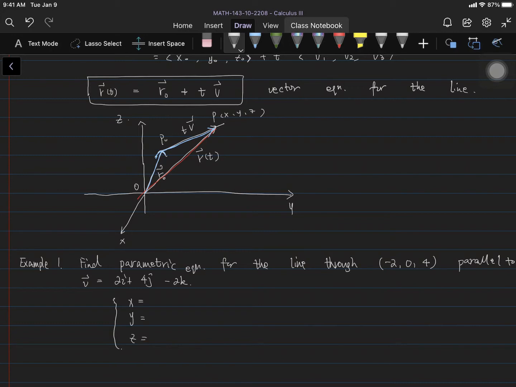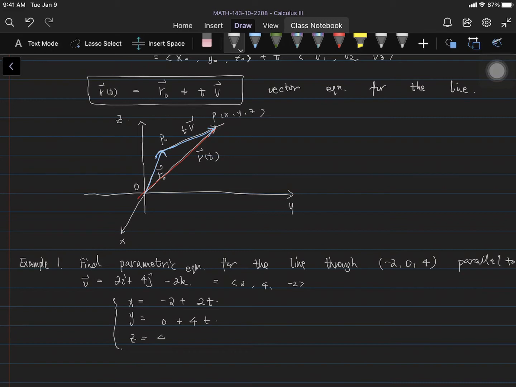So x equals x naught, which is -2, plus tv1, where v1 is 2, so 2t. The y naught is 0 plus v2, 4t.